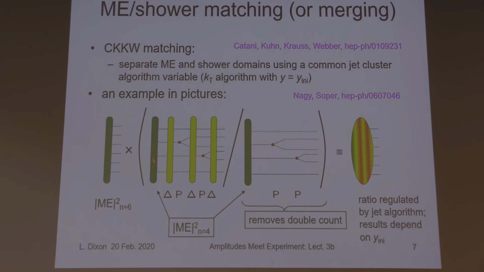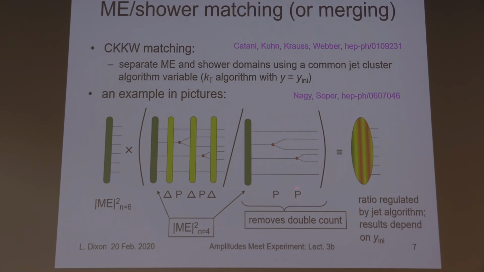But contained within this is a splitting configuration, which is also buried inside this matrix element in the collinear, in the appropriate double collinear limit. So you should divide out by this process in order to avoid double counting inside here, this contribution as well.